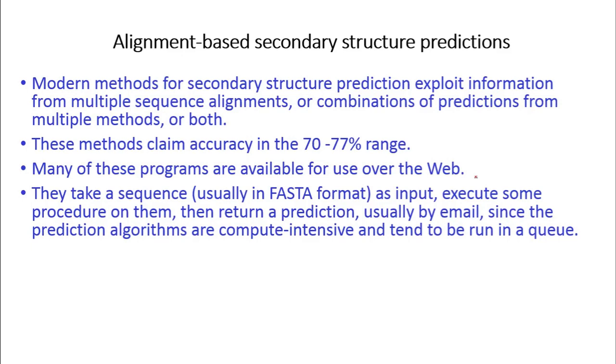Okay, and it is usually done this way because such predictive work can be time consuming as well as computationally intensive. Therefore, once you submit your protein sequence on such a server, it is possible that there are already a few predictions running over there, right? So it can take some time for your prediction to run.